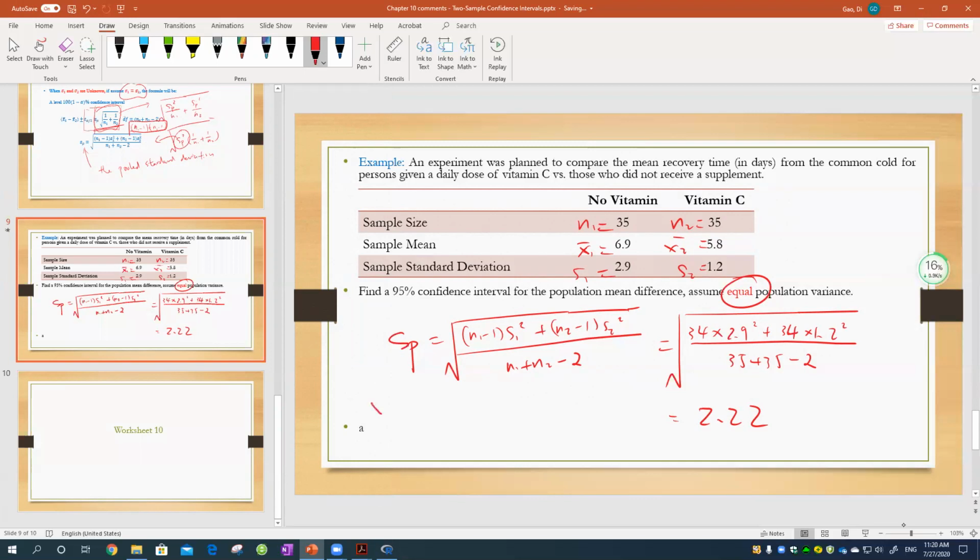And then we have x1 bar minus x2 bar, plus or minus T alpha over 2 with df equals 68, because that's N1 plus N2, 35 plus 35, 70 minus 2, 68. And then times SP times the square root of 1 over N1 plus 1 over N2. So plug in, we have 6.9 minus 5.8.